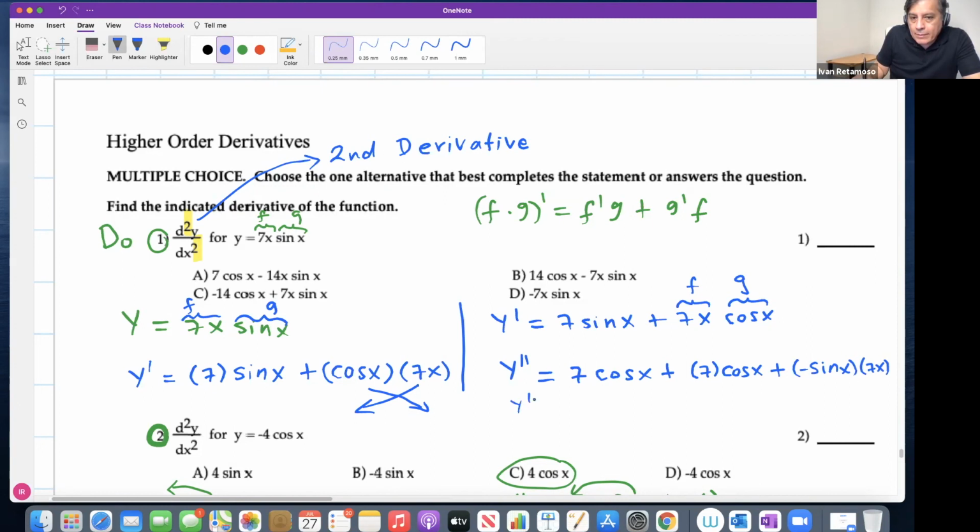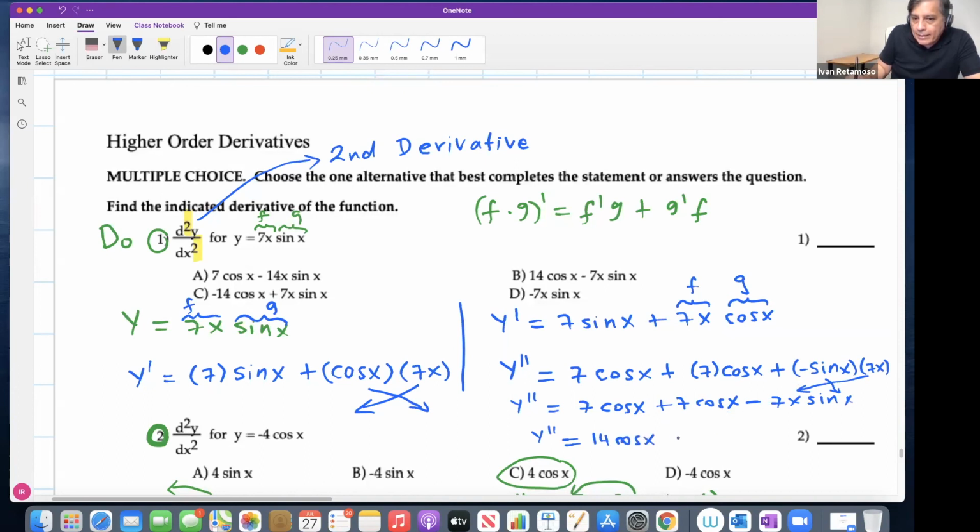Now let's just simplify this. 7 cosine of x plus 7 cosine of x minus 7x sine of x, right? Again, notice I'm switching the position of these two guys. Now, these are like terms, right? Cosine, cosine, 7 cosine plus 7 cosine, 14 cosine of x.